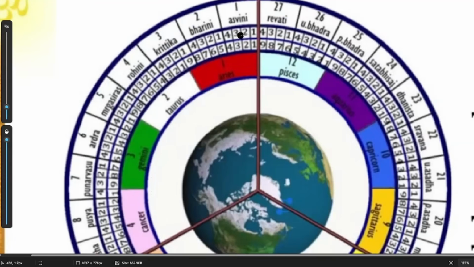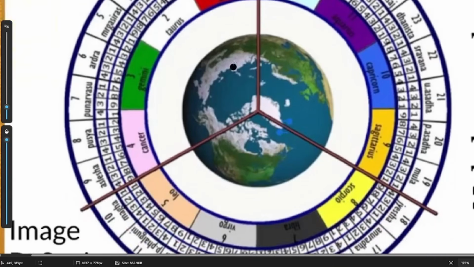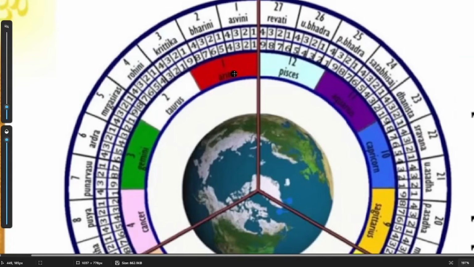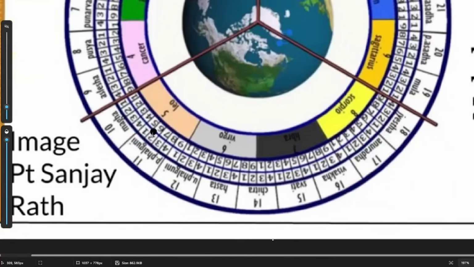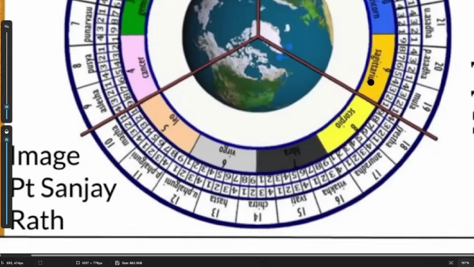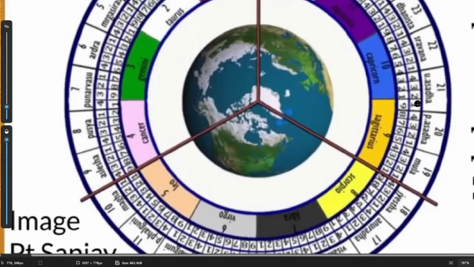So this 4 goes into this 4, so that this sign corresponds to this energy here, corresponds to this pada. So this pada actually has an Aries quality, as well as a Leo quality, as well as a Sagittarius quality. Because this one is in Aries 3 times, and this one is in Leo 3 times, and this one is in Sagittarius 3 times. 1, 1, and 1.